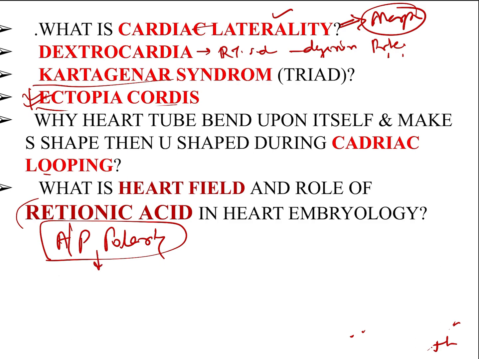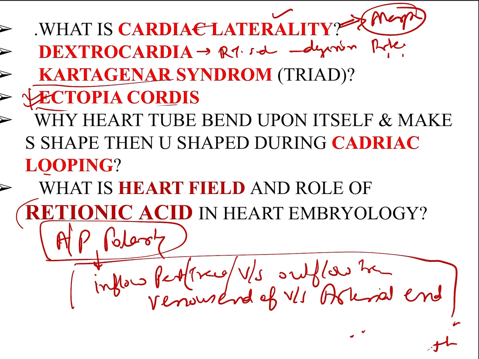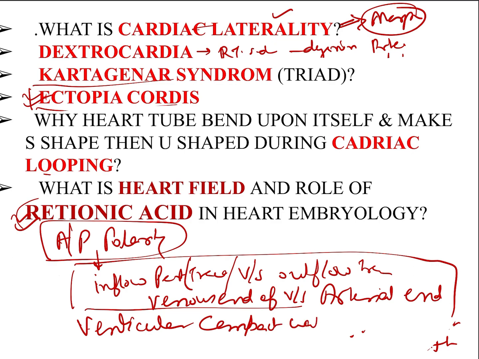It also decides inflow tract versus outflow tract. Meaning the venous end of the heart tube versus the arterial end of the heart tube is determined through retinoic acid, and it also determines the ventricular compact wall synthesis.